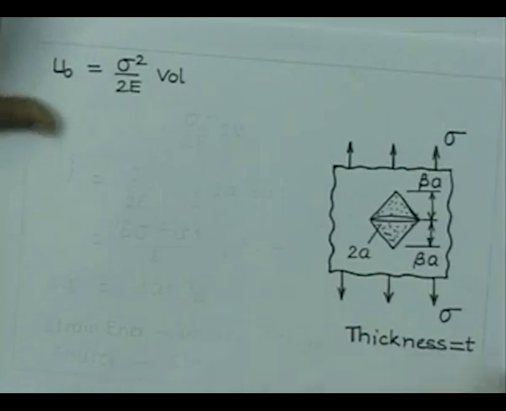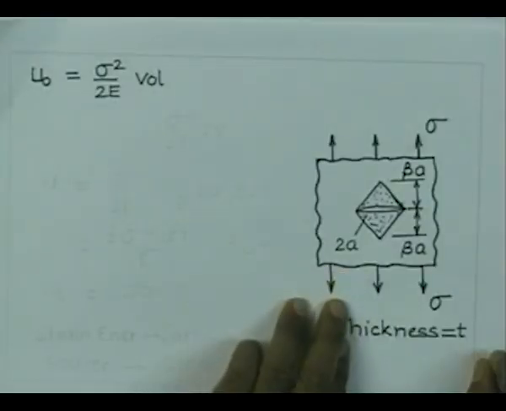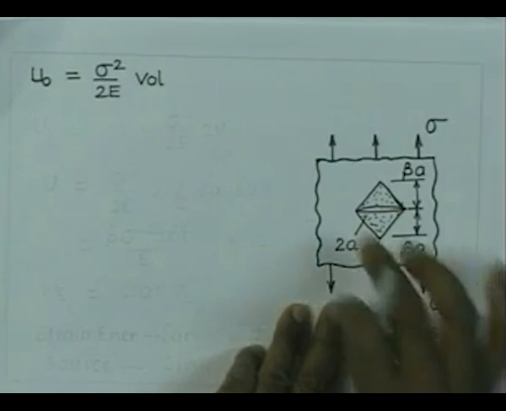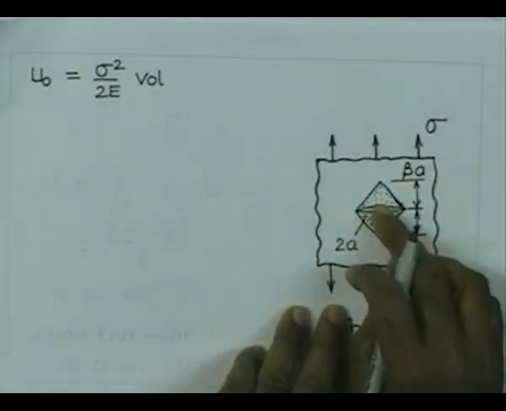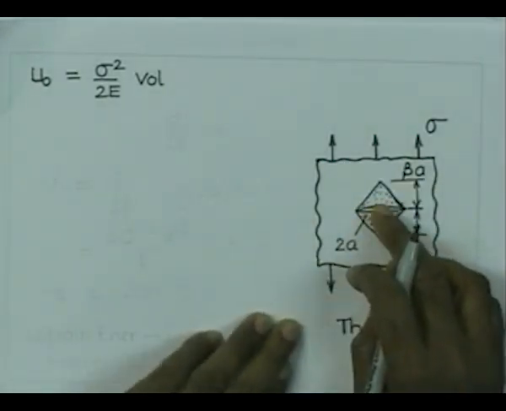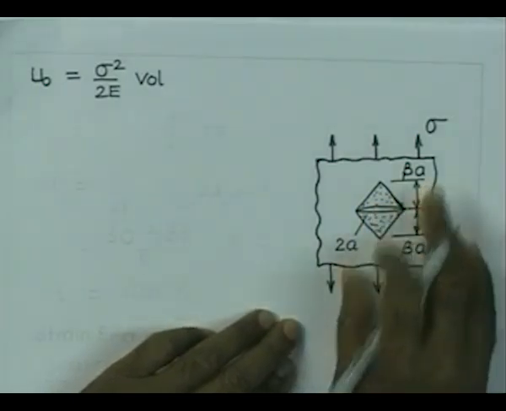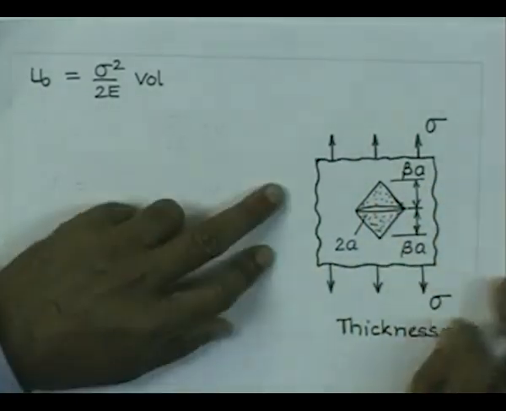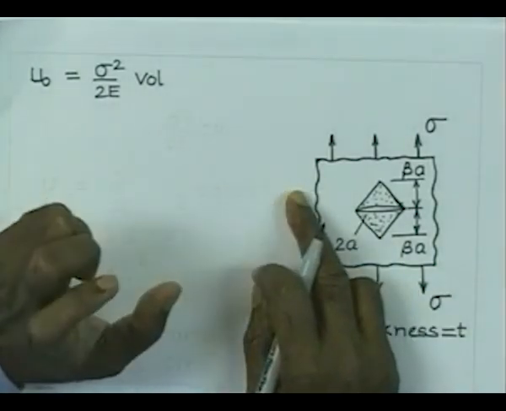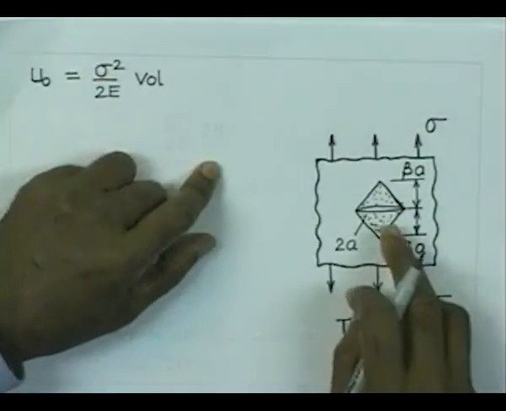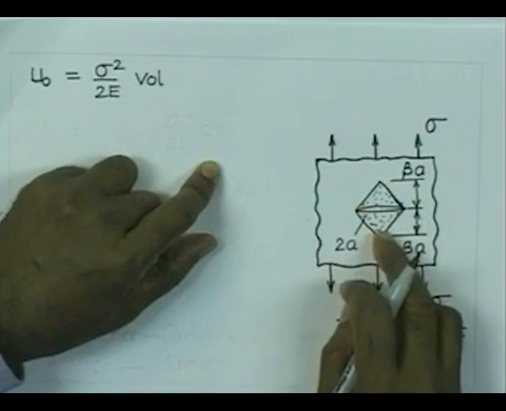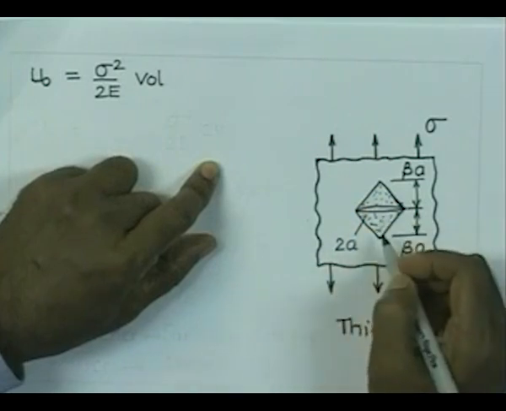Then the difference in energy between the two cases: in the first case, without the crack, the whole body is available. In the second case, we have the body with a portion which is free of any stress and strain, and therefore, the energy in the second case, with the crack, can be written as the strain energy of the earlier state minus the strain energy which was stored in these two triangular regions.